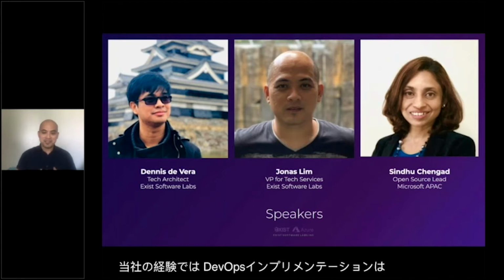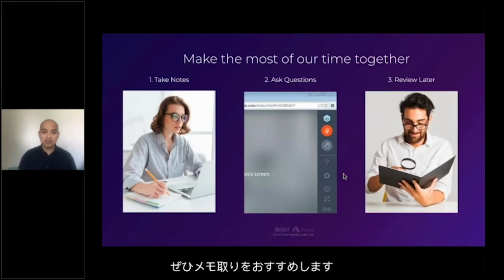Based on our experience, DevOps implementation is really more of a gradual process than a big bang approach where you try to implement it in one go. So knowing that first step and executing that first step is really important, and it's something of a goal we have for this.